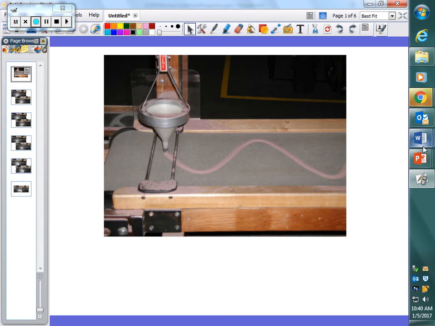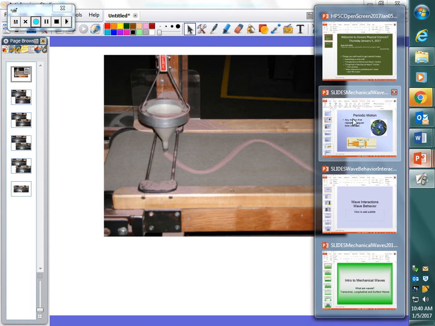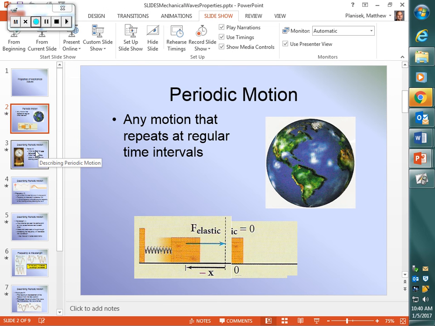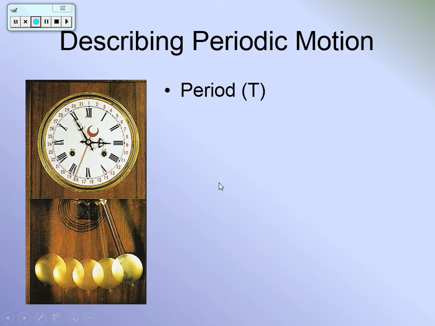All right? So let's talk about how we describe periodic motion, and then we'll talk about how that relates to waves. So the first thing that we use to describe periodic motion is the period. And based on the representation of that period as a capital T, right, you might be able to guess that the period tells you what about the periodic motion?